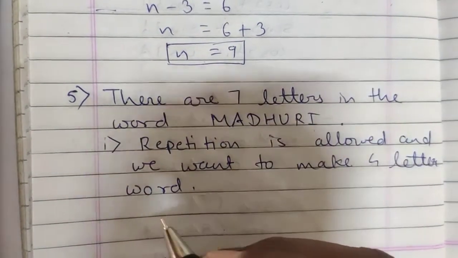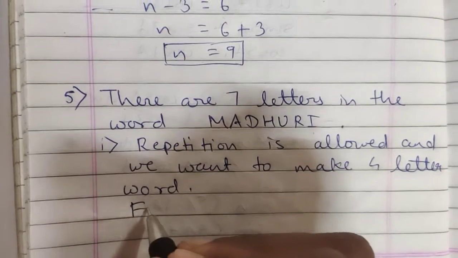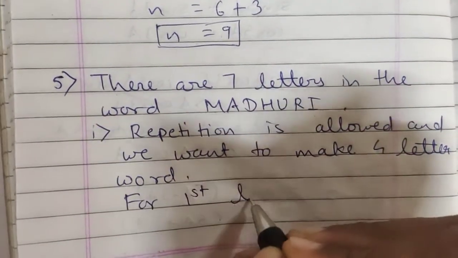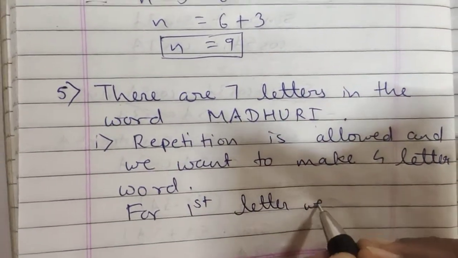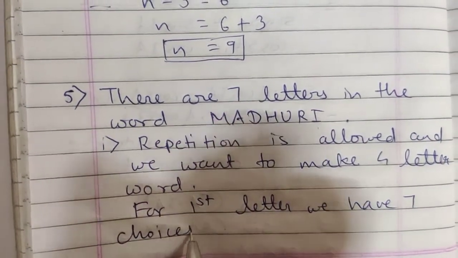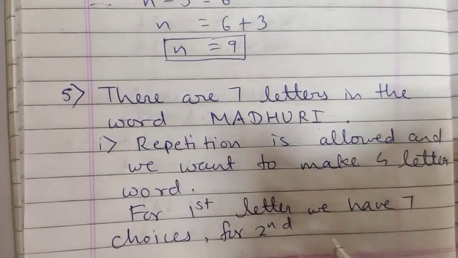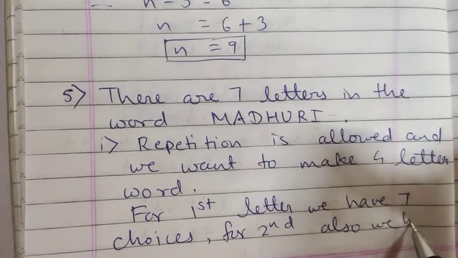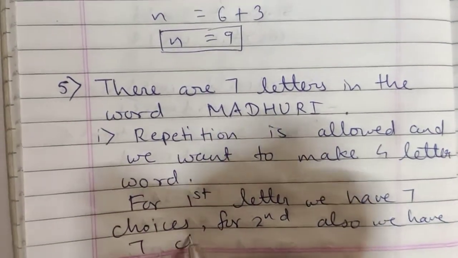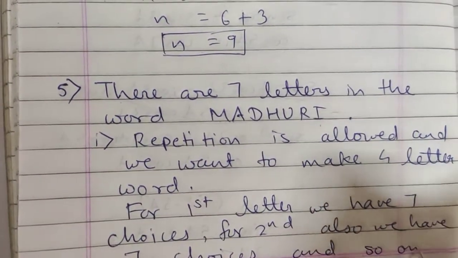So that is why we can write, see, for the first letter we have 7 choices. Similarly, for the second also we have 7 choices, and so on.